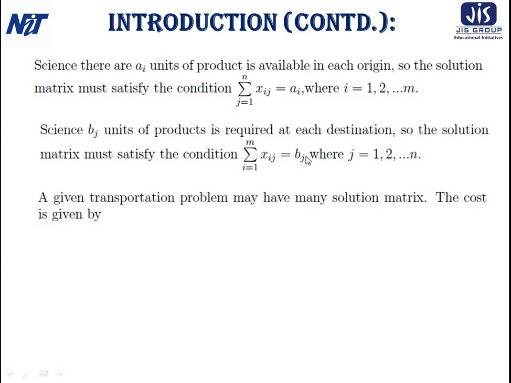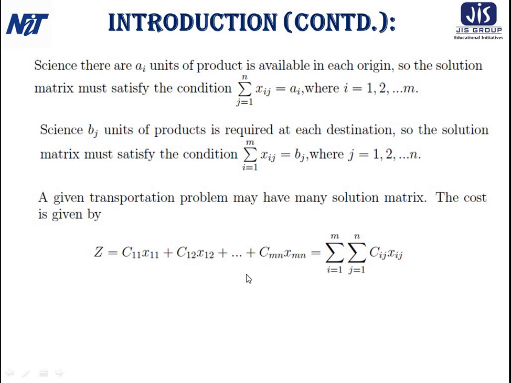Now there are several solutions of this transportation problem. And what is our aim? Our aim is to minimize the cost. And what is the corresponding cost? Since we are supplying x11 unit from O1 origin to D1 destination, the corresponding cost of that cell is C11 into x11. Similarly, since we are supplying x12 unit from O1 origin to D2 destination, and the corresponding cost is C12, therefore the corresponding cost is C12 into x12.